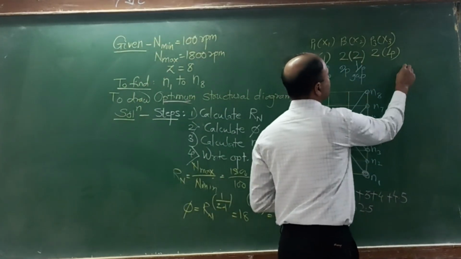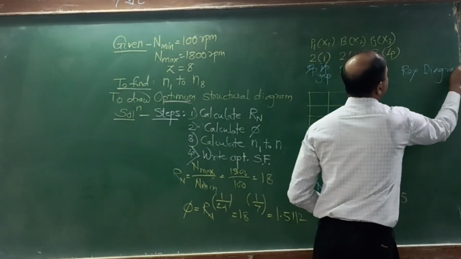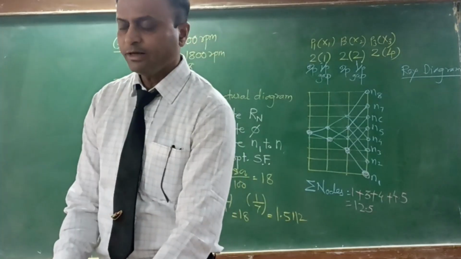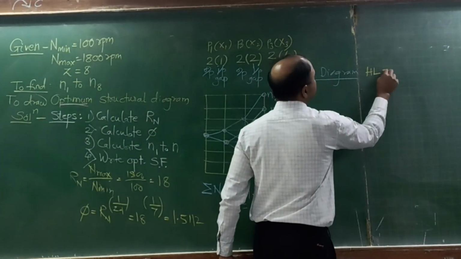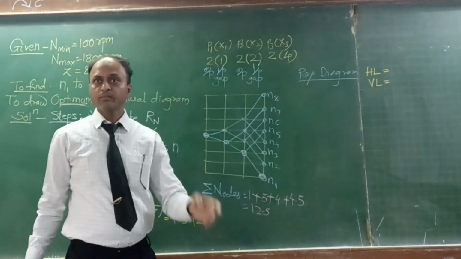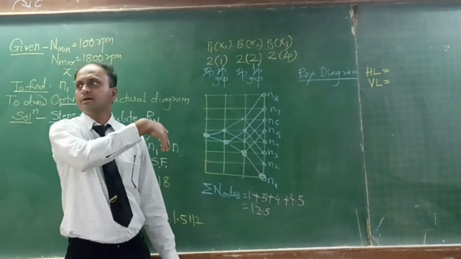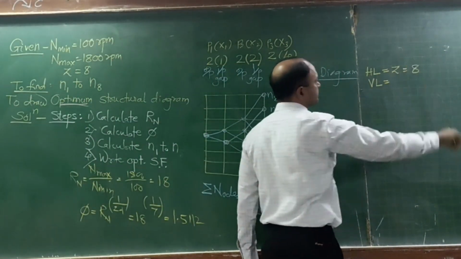Now to draw a ray diagram, the rules given are, how many horizontal lines, tell me? For a ray diagram, horizontal lines are equal to Z, same as the structural diagram, that is equal to 8.